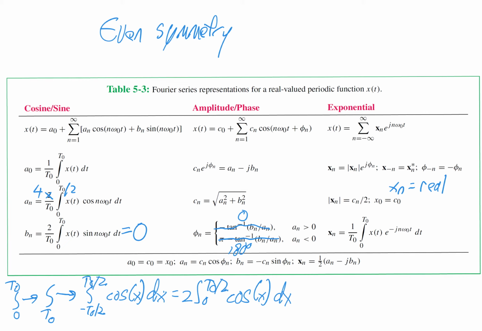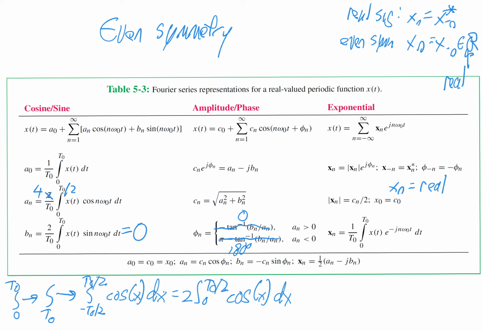We have conjugate symmetry of the exponential if the signal is real. And if we additionally have even symmetry, we have x of n equals x of negative n conjugate, but the coefficients are real numbers now.